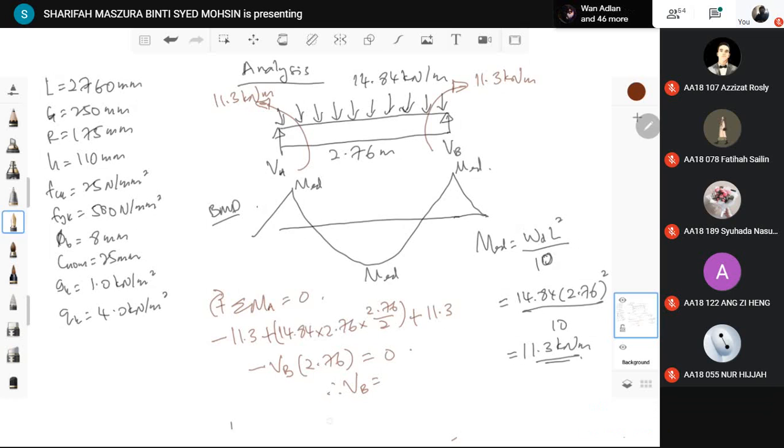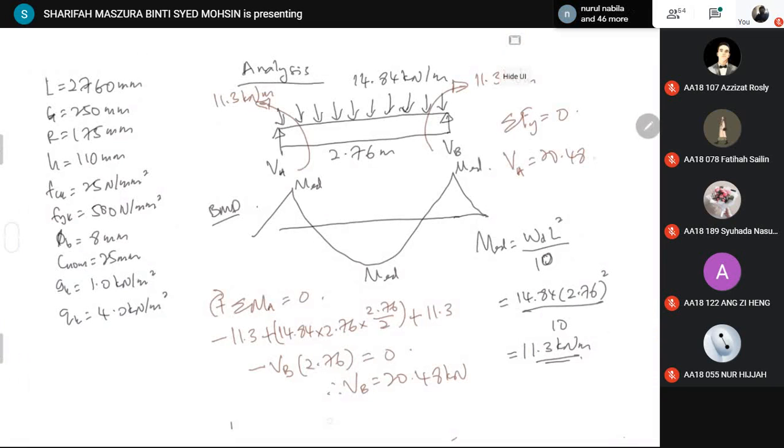So we get VB equal to 20.48. Summation of Fy equal to 0, we get VA is also 20.48 kilonewton. Okay, same value.